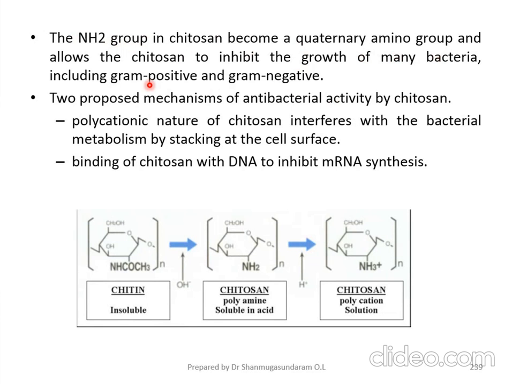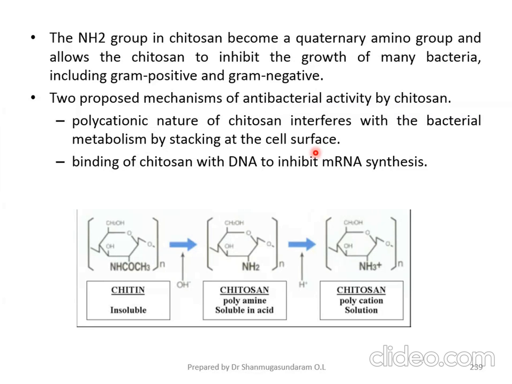If you take bacteria, including both gram positive and gram negative bacteria, it will kill both, either gram negative or gram positive. Scientists have proposed two mechanisms for how it kills the bacteria. One is that the polycationic nature of chitosan interferes with bacterial metabolism by stacking at the cell surface.